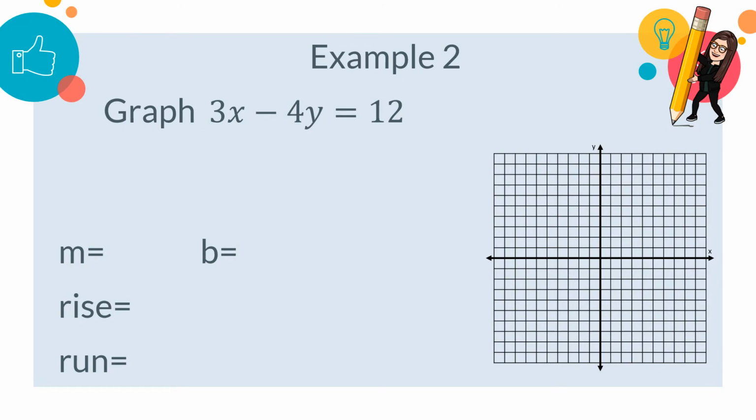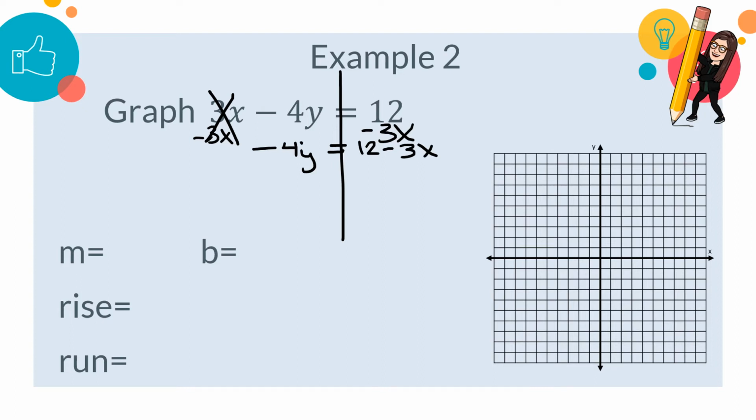Let's try again. On this example, we're going to isolate y. First thing I'm going to do is subtract 3x to the other side. Opposites go away. Negative 4y falls down. I'm going to have 12 minus 3x. Again, if you're struggling with these steps of isolating y, see my other videos.